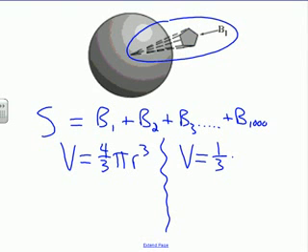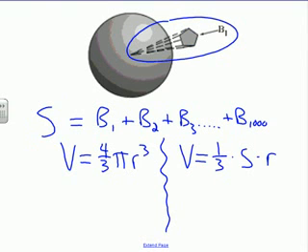So we have 1/3 times the area of the base times the radius. The area of the base would be all of these pentagons put together, so I'm going to substitute S for that, which comes from right here, times the radius of the pyramid.